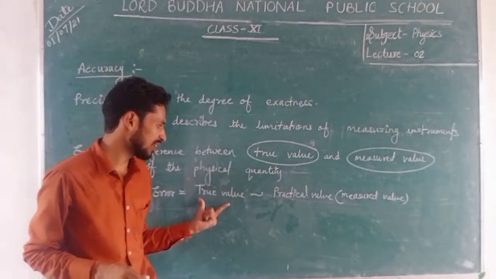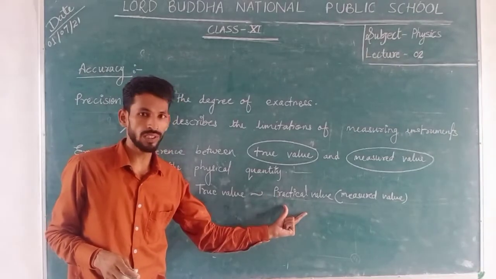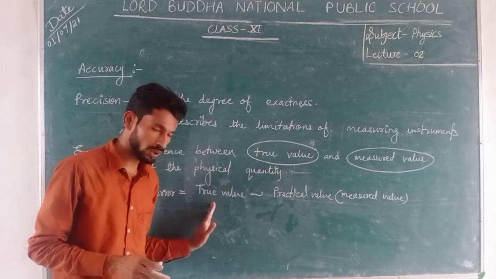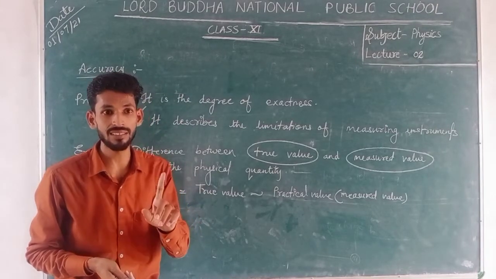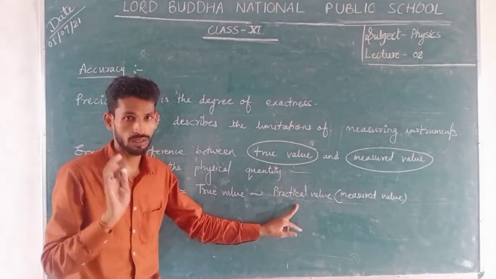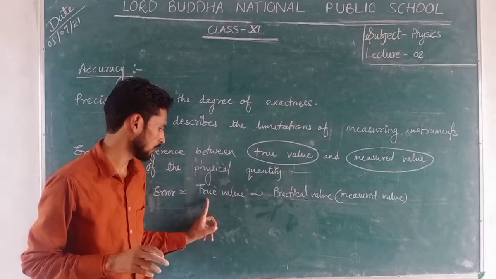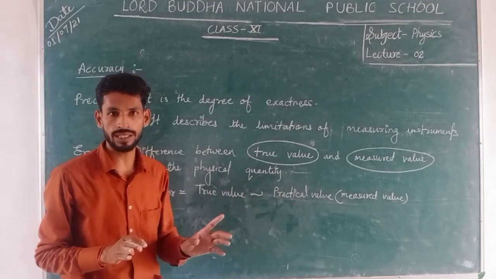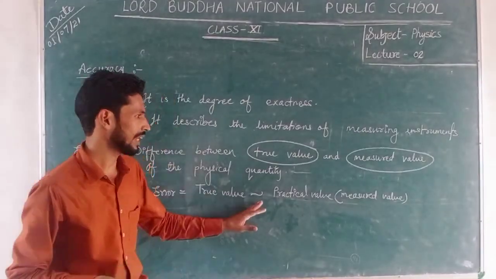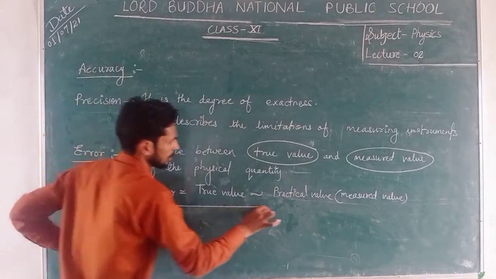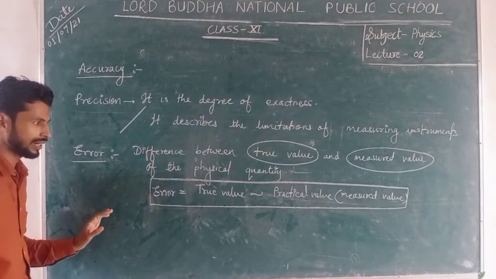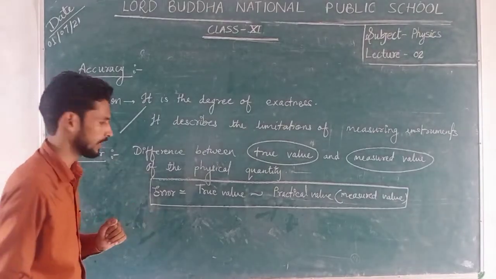So if the true value is less and the practical value is greater, then subtract the true value from the practical value. But in the other condition, if the true value is greater and the practical value is less than the true value, then write true value first. Clear that? So that is the difference, because a difference is never negative. So we are taking the difference sign, and this is the formula to calculate the error in any measuring instrument which occurs when measuring a physical quantity.